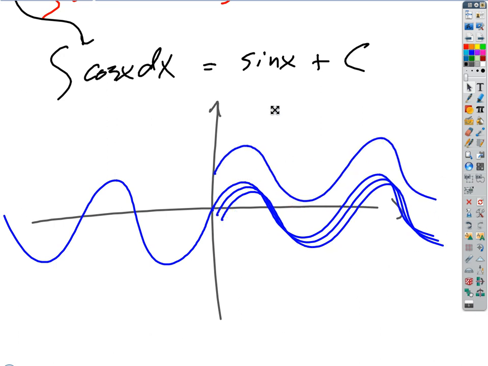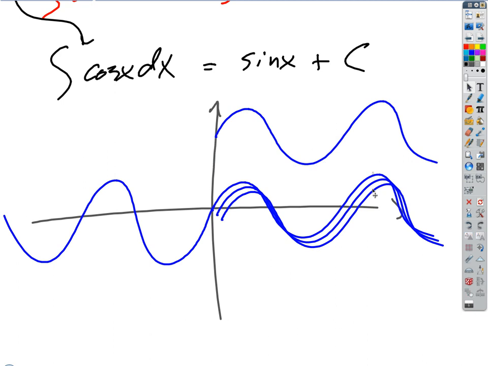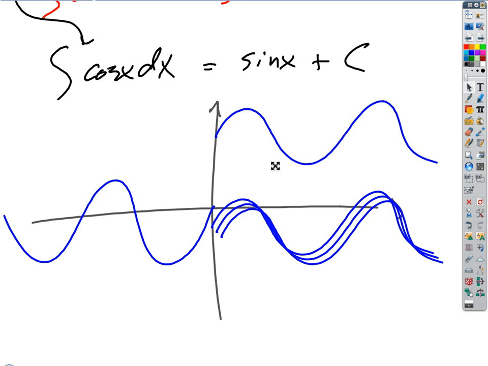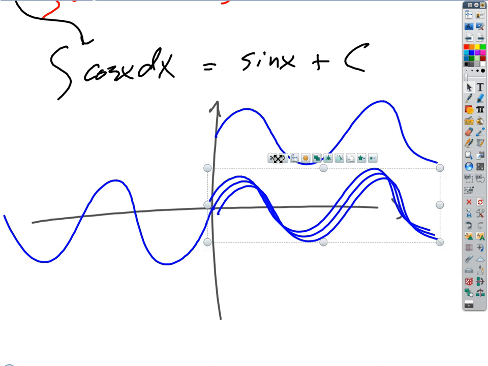Oh, that's tricky. I don't know that. Well, you see what I was trying to do, anyway. I'm just going to move those all up and down, it's not worth messing with, you get the idea, right? I'm just going to have carbon copies of those shifted up and down, an infinite number of them, that's the family of curves, right?